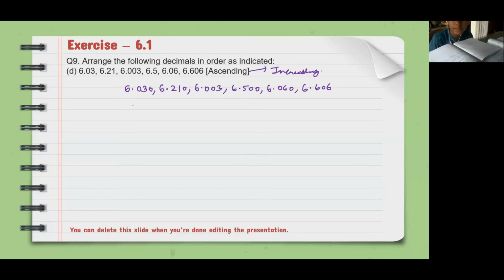Sir, 6.030 and this one 6.003, which of the two is smaller? This one. So the smallest comes first, 6.003. Next, what? Then 6.030. Okay, next. Then 6.060.